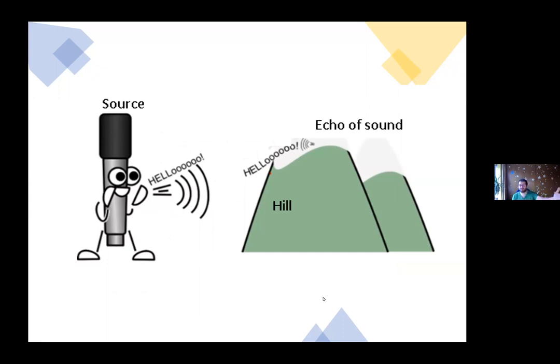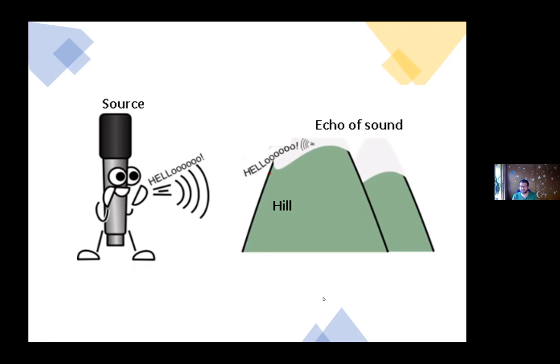You shout, you wait, and then you hear your voice back. And sometimes you hear your voice again and again and again, every time with a lower volume until it disappears. This is actually a technique that is being used in a lot of areas of research and innovation.